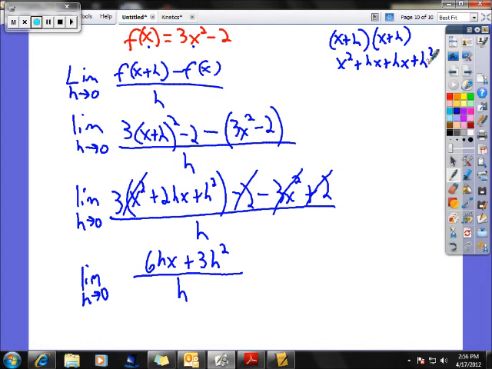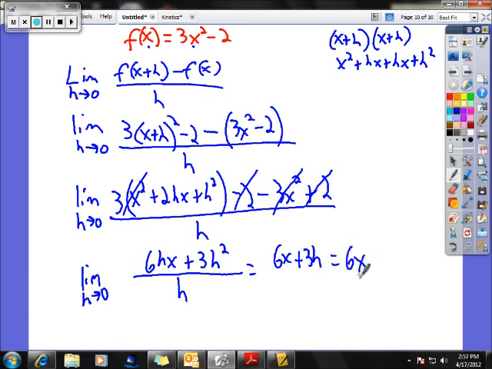Alright, so we have this now. The next step is to cancel an h, right? So if we cancel an h, we're going to have 6x plus 3h over 1, right? And now we can plug in 0, and we get 6x.